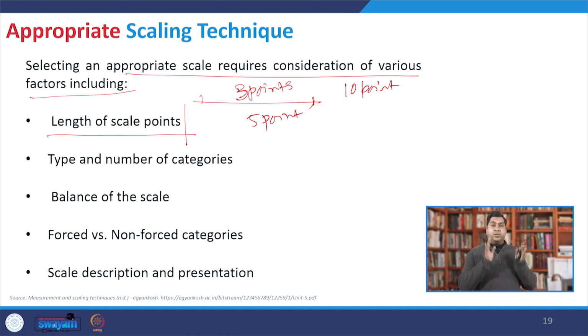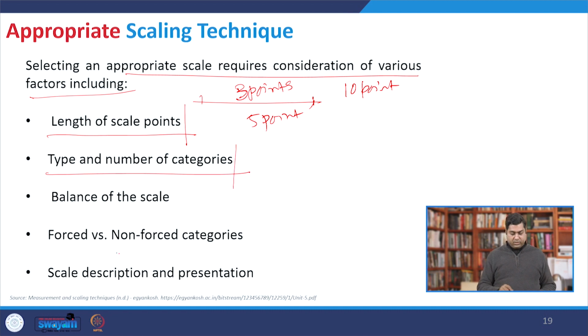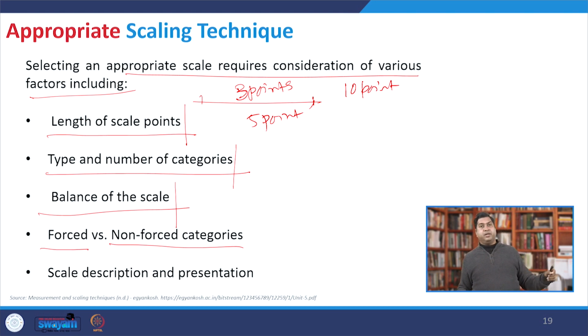You also have to review the literature where this kind of study has already been conducted. Type and number of categories, that you also need to see. Balance of scale, that is the odd-even thing. Forced versus non-forced category: where you want some definite answer, you have to go for a forced scale.